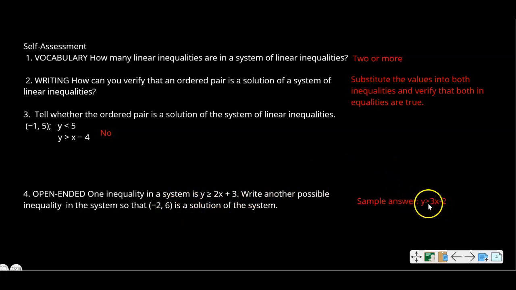So is 6 greater than 3 times -2, minus 2? 3 times -2 is -6. -6 minus 2 is -8. Is 6 greater than -8? It is. So that would be an example of one solution. Again, open-ended means there are infinitely many solutions to that question.